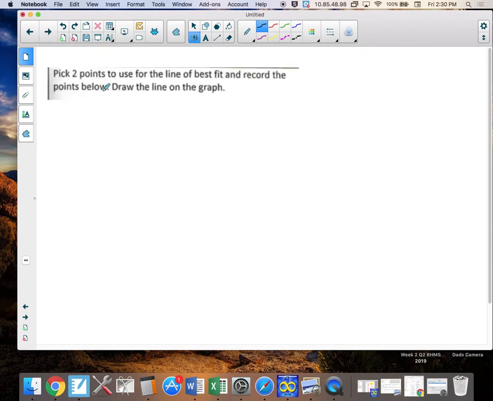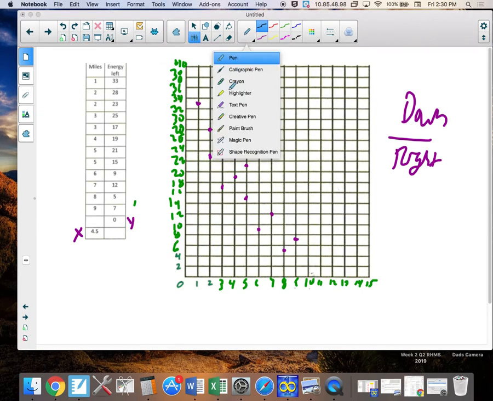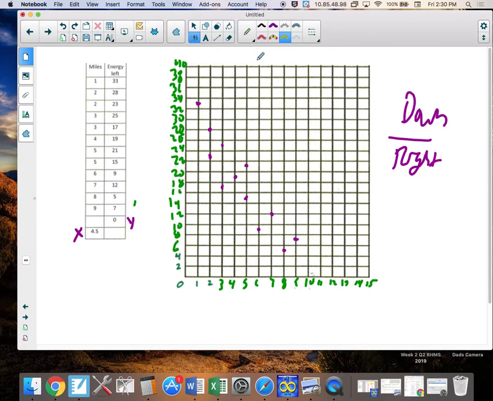Question 2 asks us to pick 2 points to draw the line of best fit and record the 2 points below. Okay, so just like before, we're going to make our table. Let's go pick 2 points that we think might work. Again, let's start off with the first point and one of the last points. Let's say this one. Let's see what kind of line this one gives us.